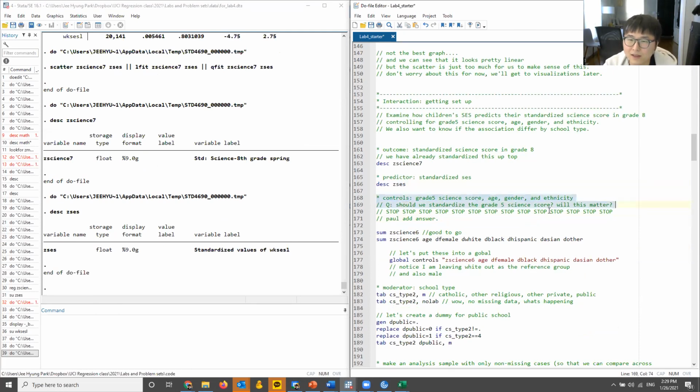And then I said, for these control variables, should I standardize grade 5 science scores? Will this matter? Will this not matter? Like you know the regression, right? The regression is going to be some test score at grade 8, predicted by SES, controlling for a bunch of stuff. Now, the question is, should you standardize these control variables? Does it matter? Does it not?